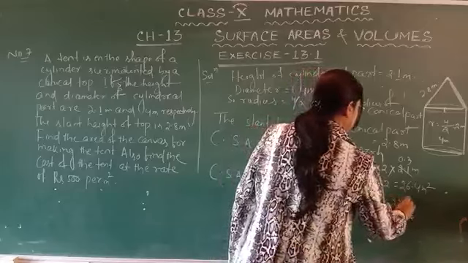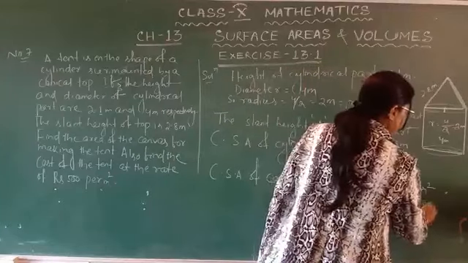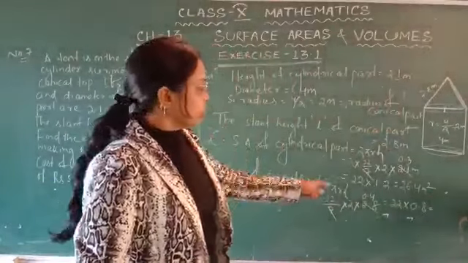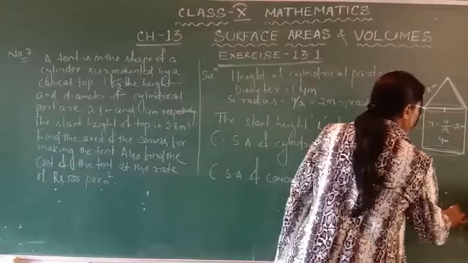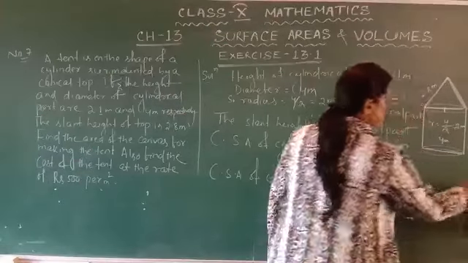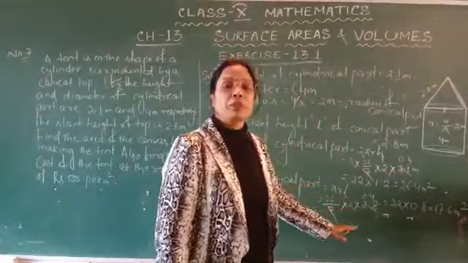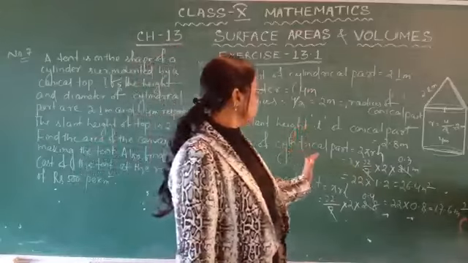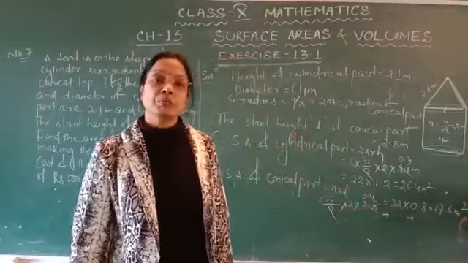So 22 into 2 into 0.4, that is 0.8. So that is equal to 17.6 meter square. So this is the curved surface area of the conical part, equal to 17.6 meter square, and the curved surface area of the cylindrical part is equal to 26.4 meter square.